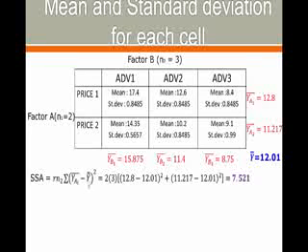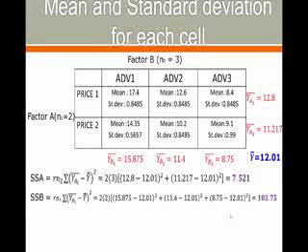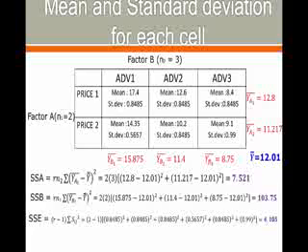Let's see how we did that. Therefore, we follow the procedure: (12.8 minus 12.01) squared, (11.217 minus 12.1) squared, multiplied by the number of observations, 2 by 3. Similarly for SSB and SSE.